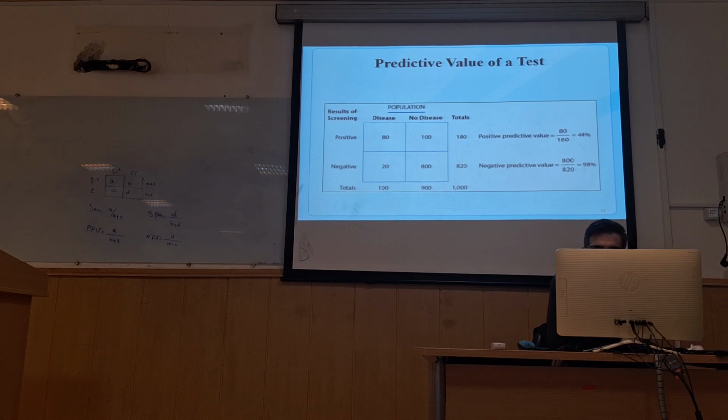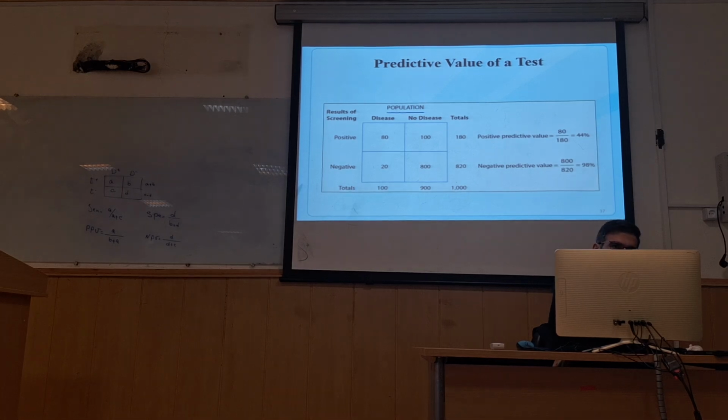And what are the positive predictive value and negative predictive value? 45% and 98%. Please interpret this value. What's the meaning of 45%? It means that 45% of the people who tested positive actually have the disease.